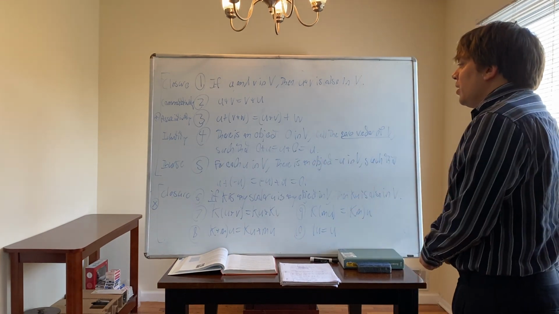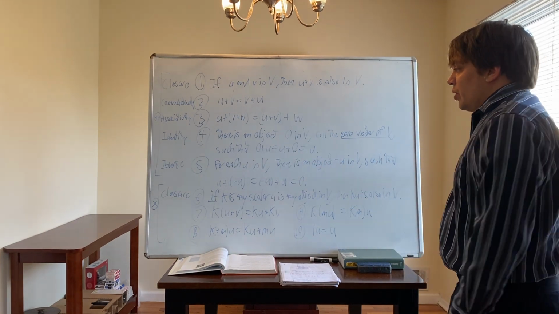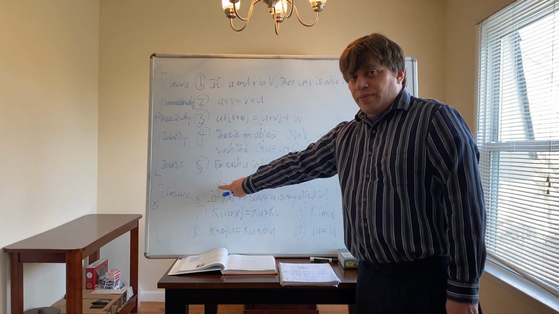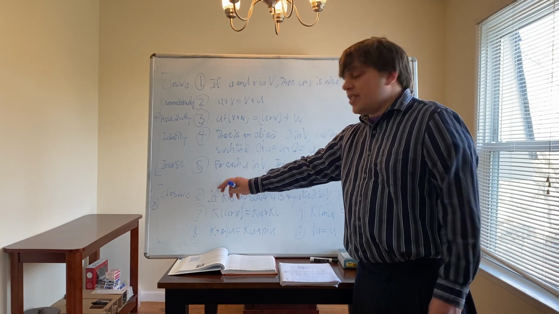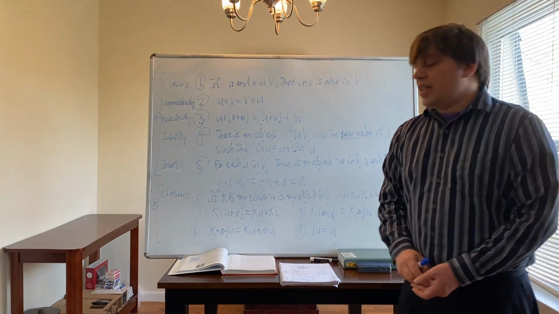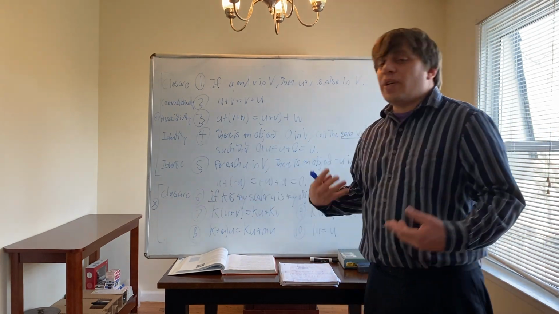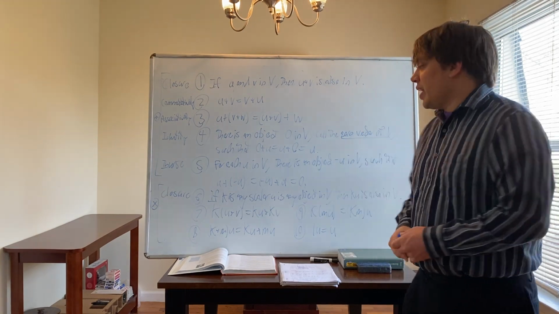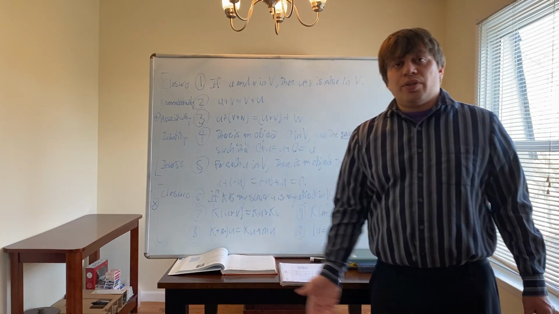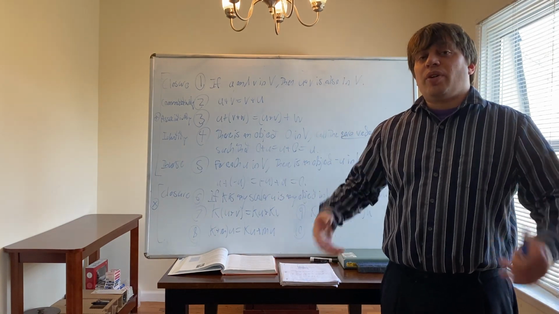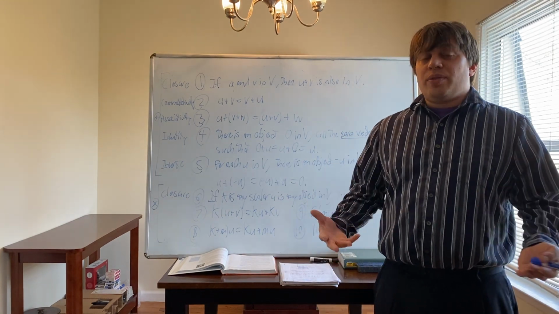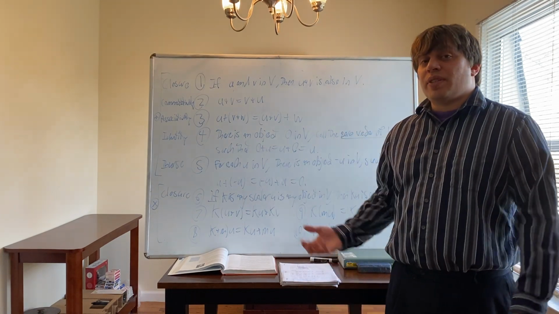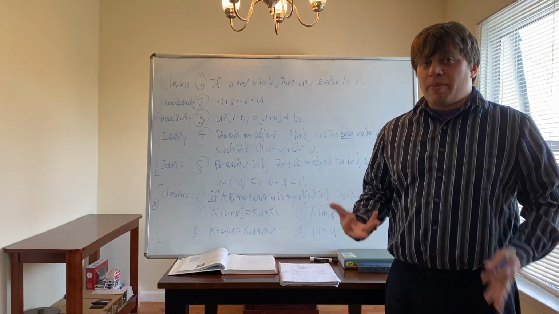Okay, and 5 is called the inverse property because if you take any object u, it has an inverse under addition, meaning there's some other object in the set you can add to it to get 0. That's the inverse property. If you take any object little u, there's some other object, we call it negative u, where if you add it to it, you get 0. And negative u doesn't have to be just u multiplied by -1.